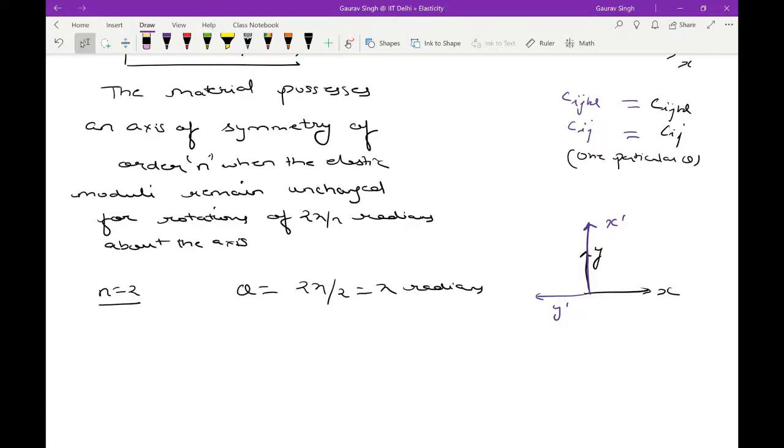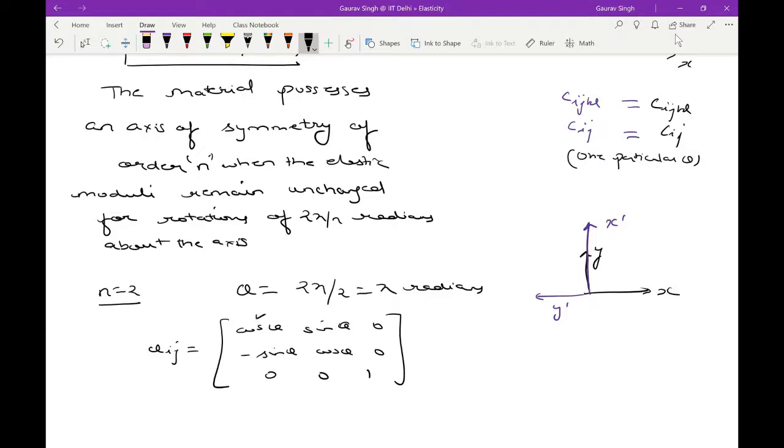So if you want to write this Qij, it would come out to be cos theta, sine theta, 0; minus sine theta, cos theta, 0; 0, 0, 1. We have studied how this comes out. You have to see the cosine of the angle between, say, x and x dash for this case, and so on. Cosine of the angle between z and z dash is this one.